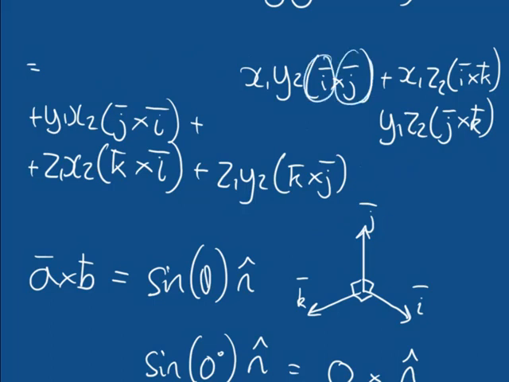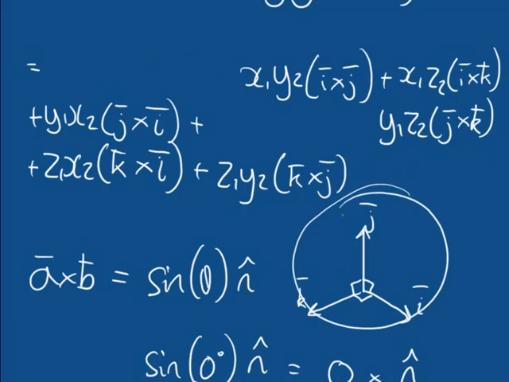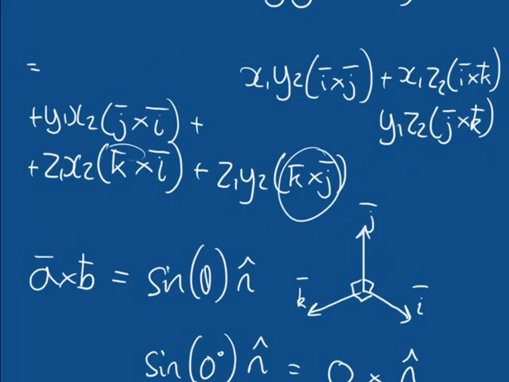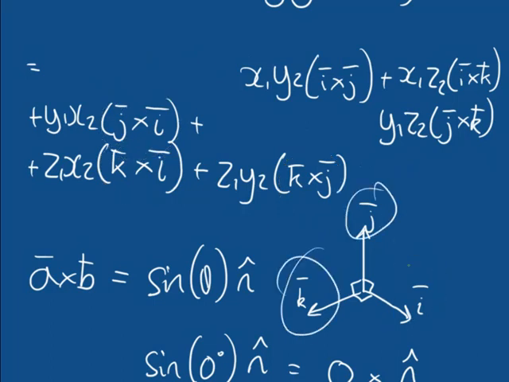Okay, so the other type of combination that we have between our Cartesian vectors is when we're crossing a vector with one of the other Cartesian vectors. And we know in that case, we're going to be crossing it with a vector that's perpendicular to that vector. It doesn't matter which combination we have. All of the combinations where we cross one of our Cartesian vectors with one of the others, they're always at a right angle to each other.